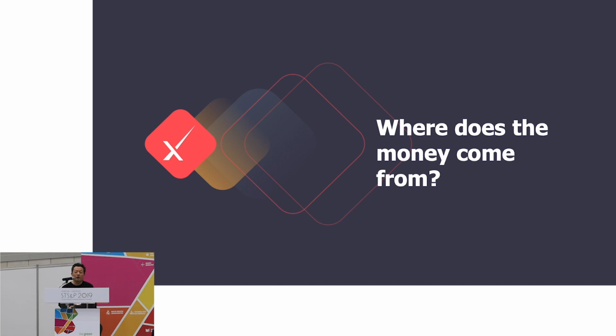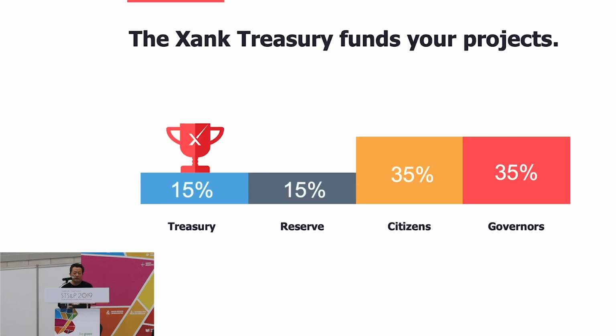So, how do we actually fund this? We can fund it by creating a decentralized treasury. From every minute when we create a coin, when emission happens, we let 15% accrue in a treasury system. I'm not going to go into details on how we are going to split the coin emission process in Xank, but 15% goes to the treasury.